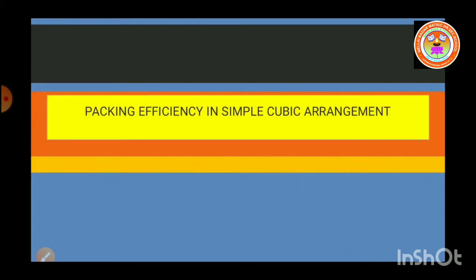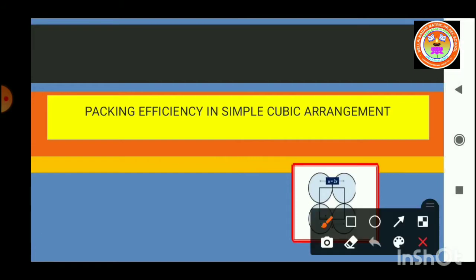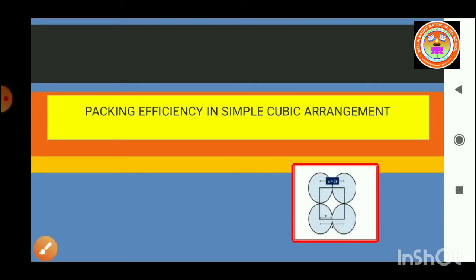So the first one is packing efficiency in simple cubic arrangement. See the diagram? This is the simple cubic unit cell. In this unit cell, the edge length is indicated by a, and the radius is represented by r.